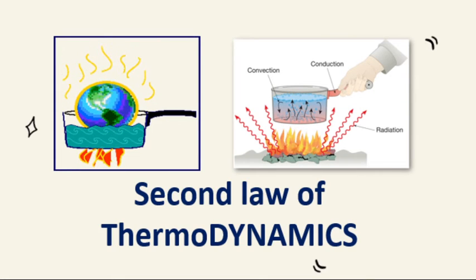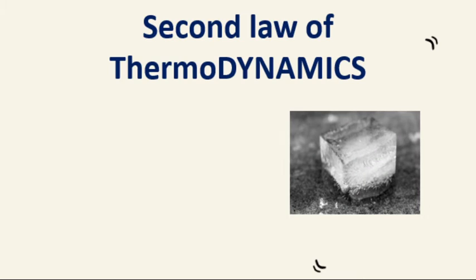Second law of thermodynamics. The second law of thermodynamics describes the relationship between thermal energy or heat and other forms of energy and how energy affects matter. The first law of thermodynamics states that energy cannot be created nor destroyed.